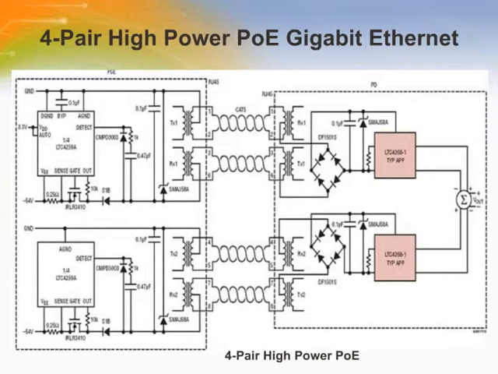Differences in resistance of the transformer, cable, and connectors, along with the differences in diode bridge forward voltage, and the power devices, can cause an imbalance in the currents flowing through each pair. Using 2 independent LTC4268-1s allows for interfacing power from 2 independent power over Ethernet and independent DC-to-DC converters resolve the current imbalance.